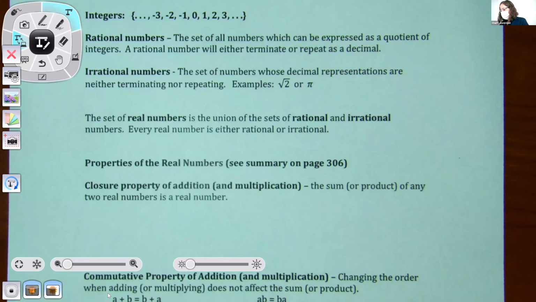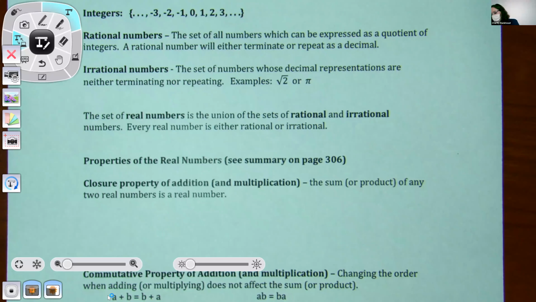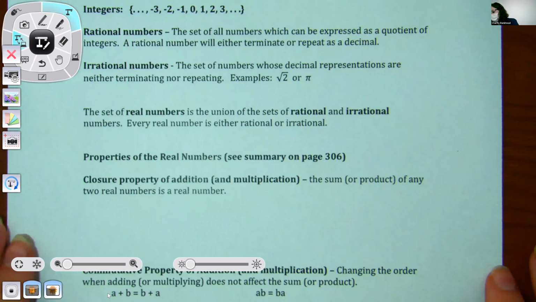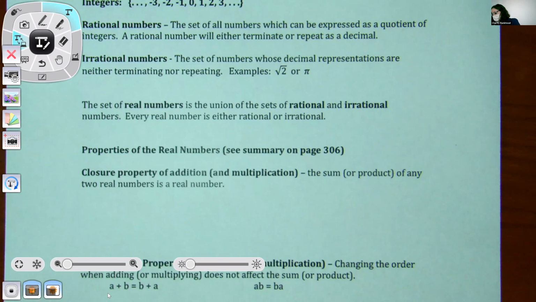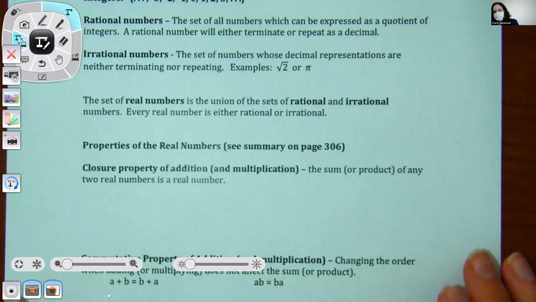The closure property of addition and multiplication means that the sum or product of any two real numbers is a real number. No matter what two real numbers you add or multiply together, your answer is always a real number, right?